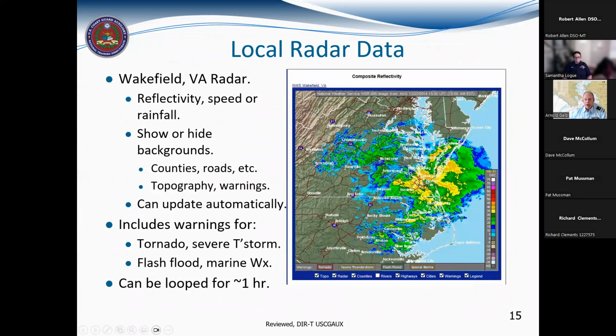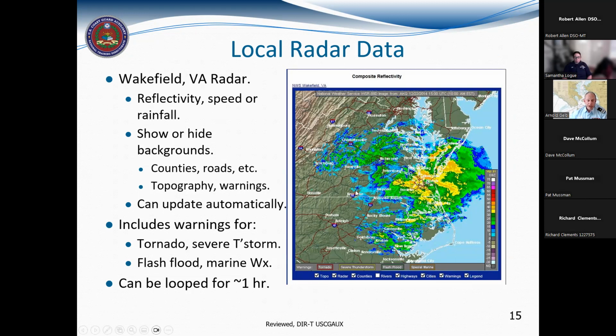This shows local radar data from Wakefield, Virginia, and it shows reflectivity or speed of rainfall. You can show or hide backgrounds. You can display roads, counties, etc. You can include the topology, as you see here.